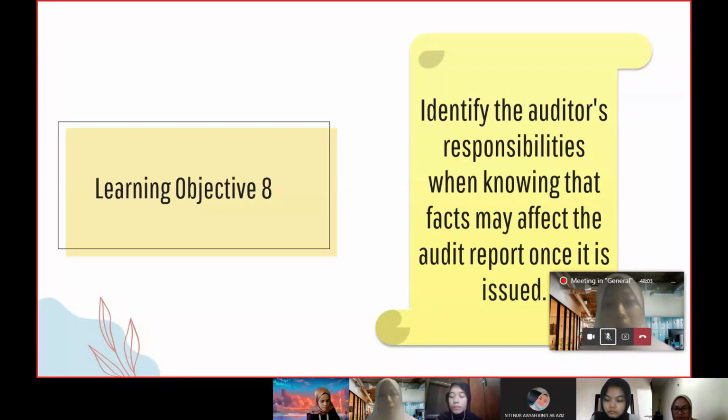That includes the explanation of the reason for the revision. What happens if the client refuses to disclose the misstatement? If that happens, the auditor must report to the board of directors.